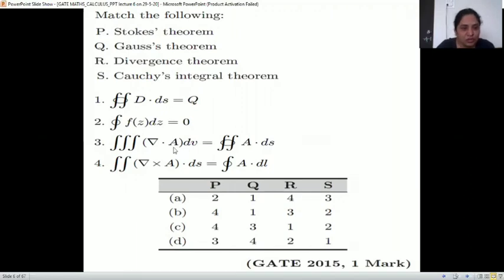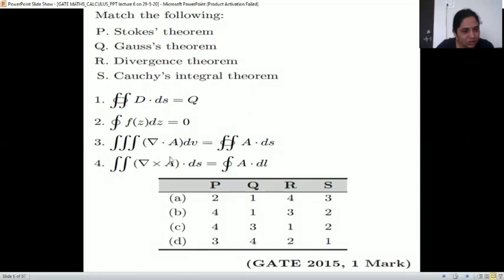Next, one more thing we have to, okay, what is Gauss theorem? Gauss divergence theorem. What is Gauss divergence theorem? Okay, forget it. If you don't understand now, go to the next option, divergence theorem. We know divergence theorem is a relation between double and triple integration. And in divergence theorem, del dot A bar comes, and in Stokes theorem, del cross A bar comes.